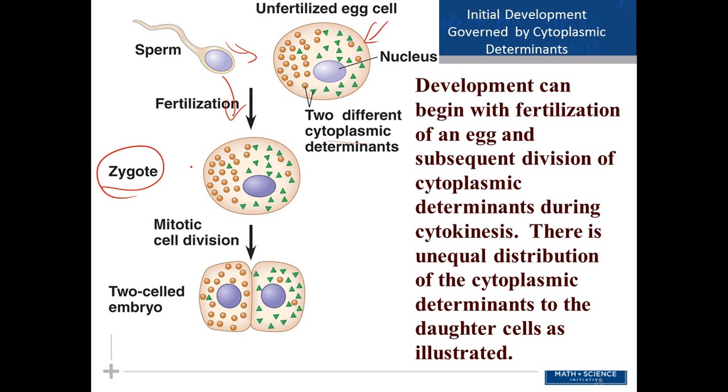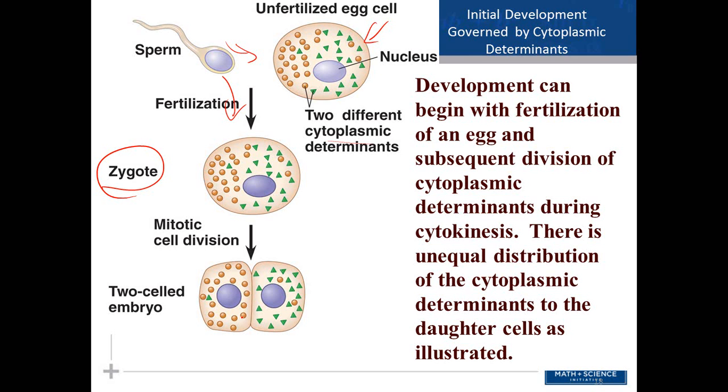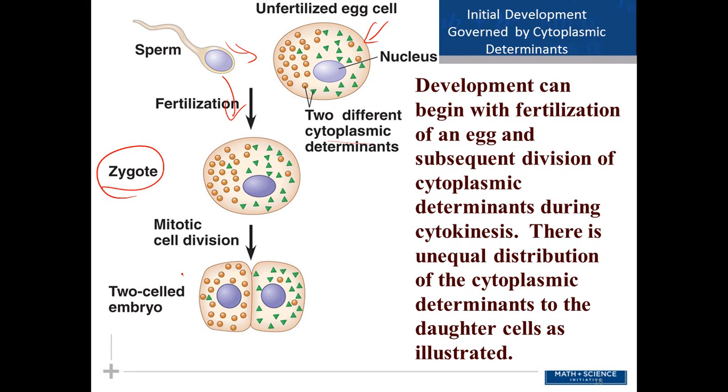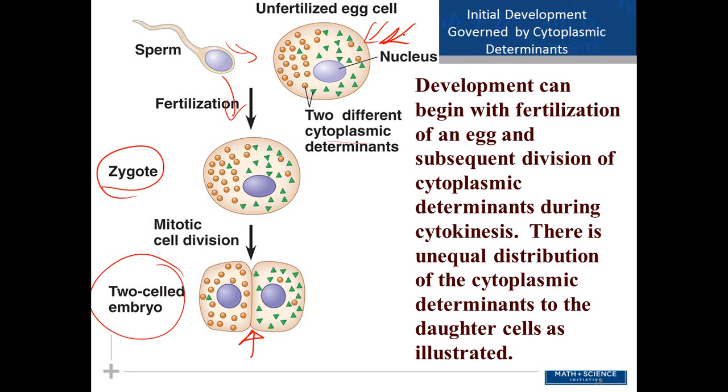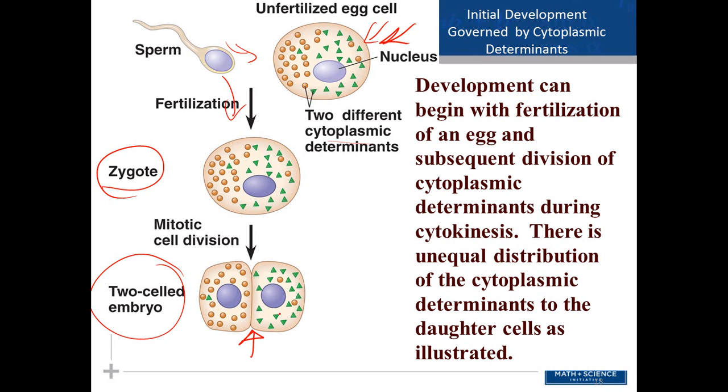And so now we're going to go through the process of cleavage or mitosis, and it produces a two-celled embryo. However, what do we notice? Is that the cytoplasmic determinants that came from the mother itself are not evenly distributed. And that has an effect on future development.